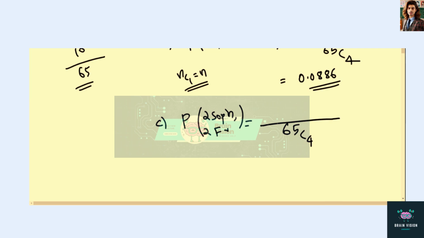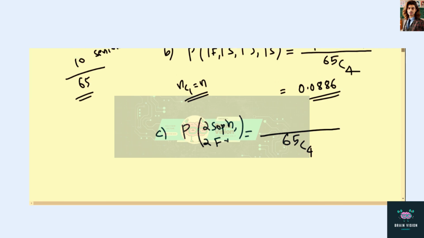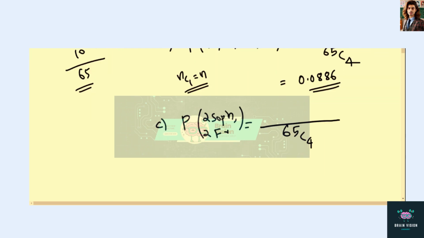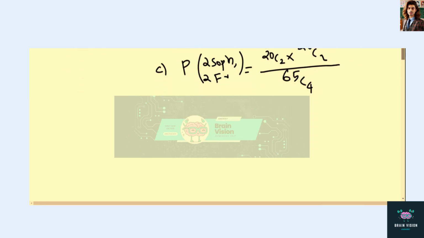For the favorable case, you have to select 2 sophomores out of 20, and 2 freshmen out of 20, so 20C2 times 20C2 will come. Substituting all these values, the answer is 0.0533.